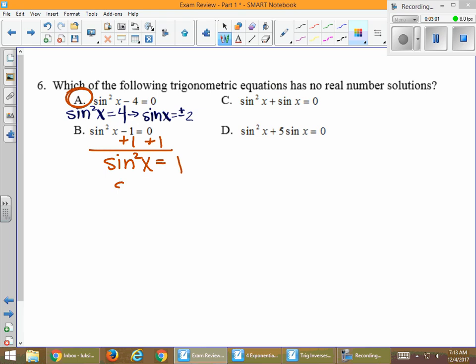Take the square root, and we know we have good solutions there. So sine is positive 1 at pi over 2 and negative 1 at 3 pi over 2.